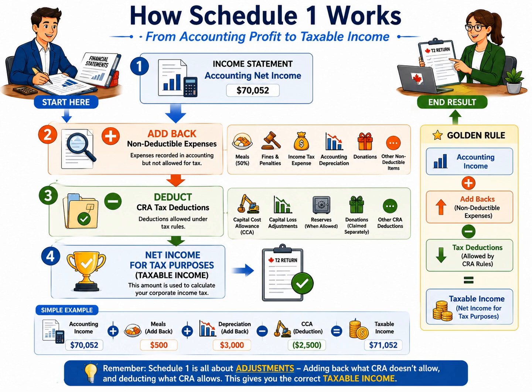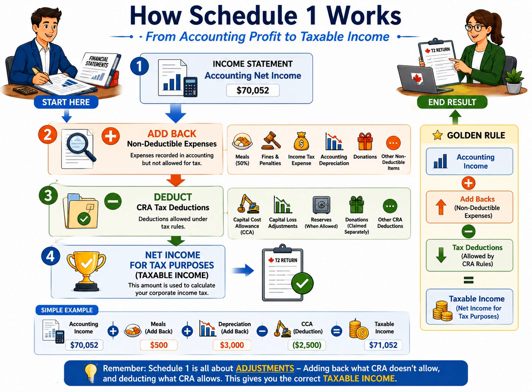After the add-backs, we move to the deductions section. These are deductions that are allowed under the Income Tax Act but may not appear the same way in the accounting records. One of the most common examples is capital cost allowance, or CCA, which replaces accounting depreciation for tax purposes.